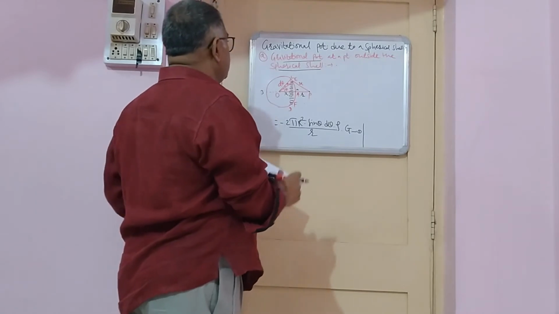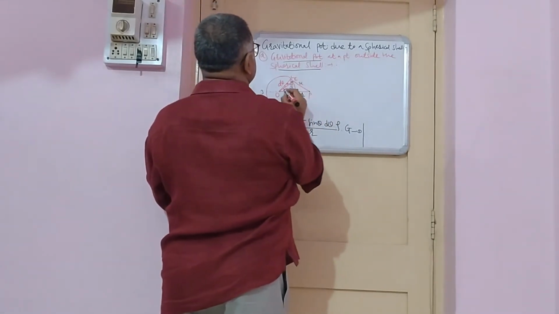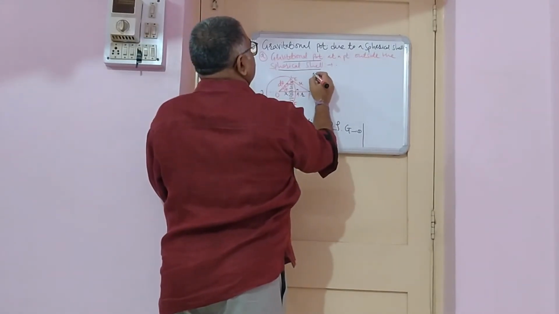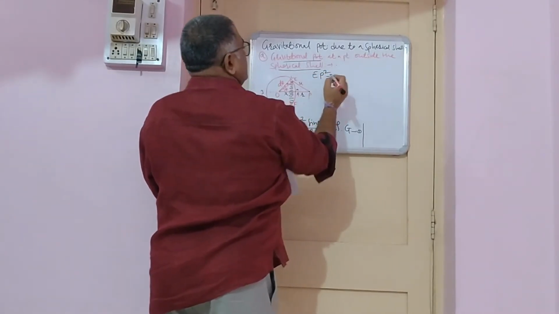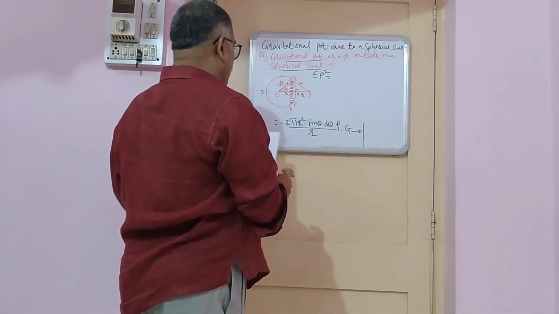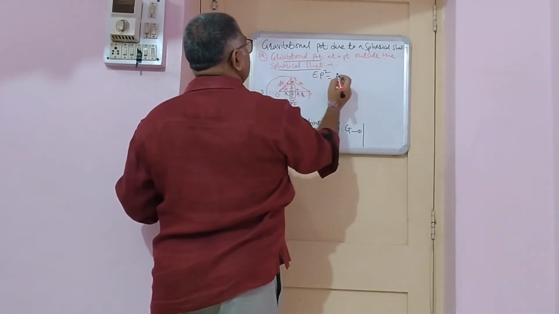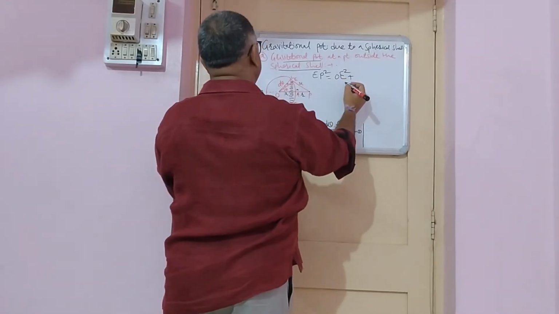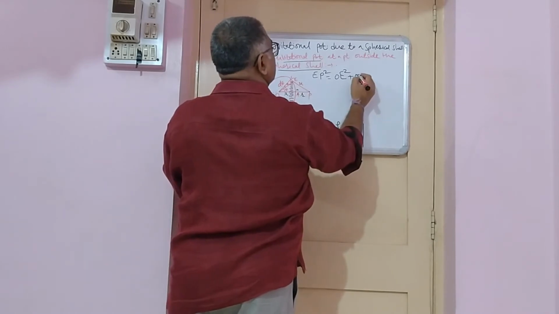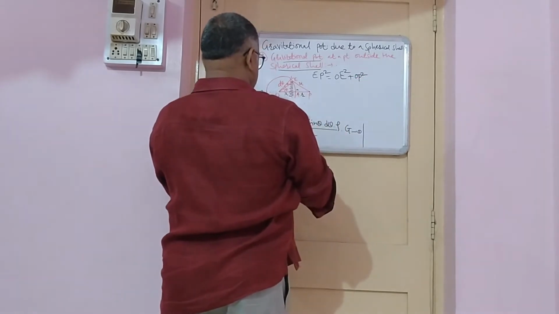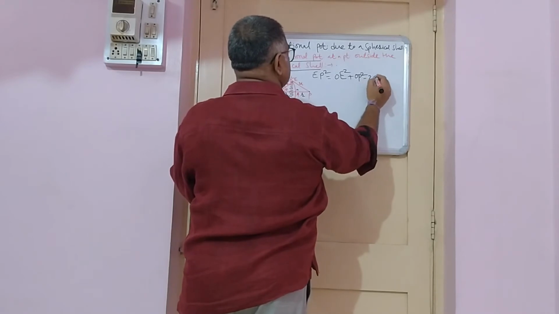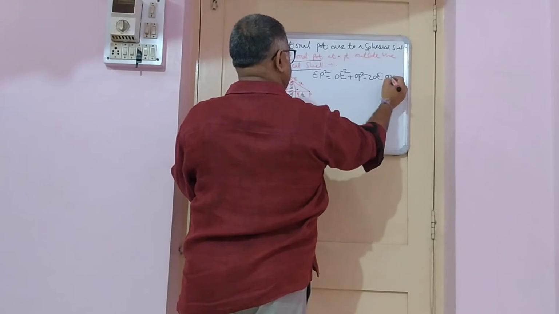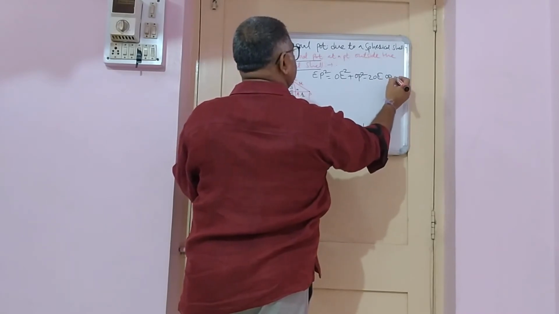Therefore EP square in this triangle OEP equals OE square plus OP square minus twice OE into OP into cos of theta.